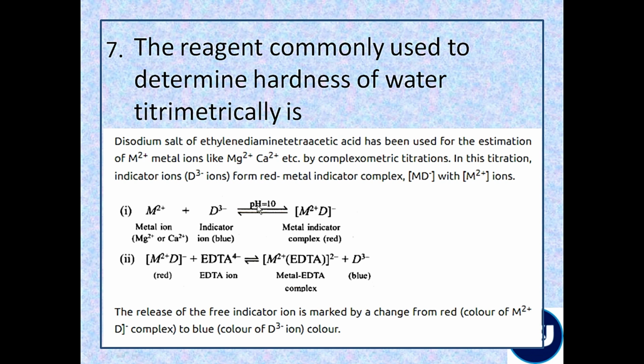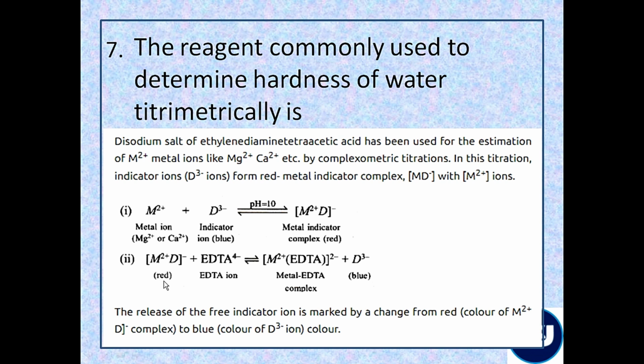In the basic medium, it forms MD-, that is M2+ and D3-, the overall charge is minus 1. So this metal indicator complex is red in color. Now this complex combines with EDTA4-, that is ethylene diamine tetraacetate anion, and forms a metal EDTA complex of the type MEDTA 2-, and the D3- ion gets regenerated.